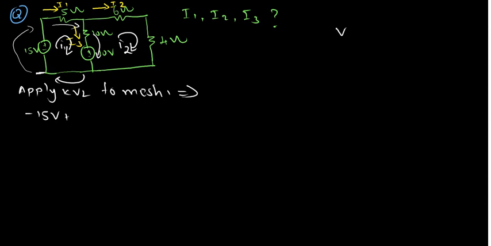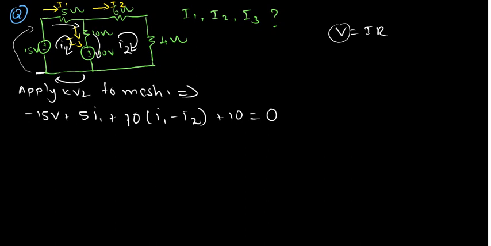V is equal to IR, so instead of voltage, I put current times resistor: 5 I1, plus here 10 times (I1 minus I2), since this resistor is shared by mesh I1 and mesh I2, opposite directions, plus a 10 volt drop, equal to 0. So this is the first equation.